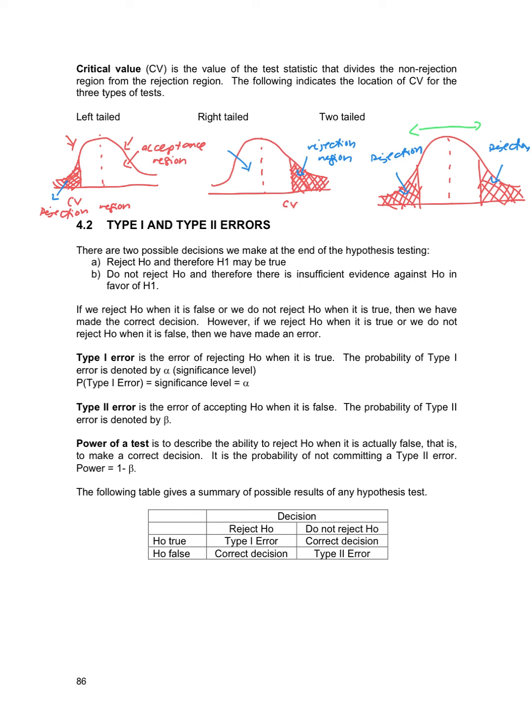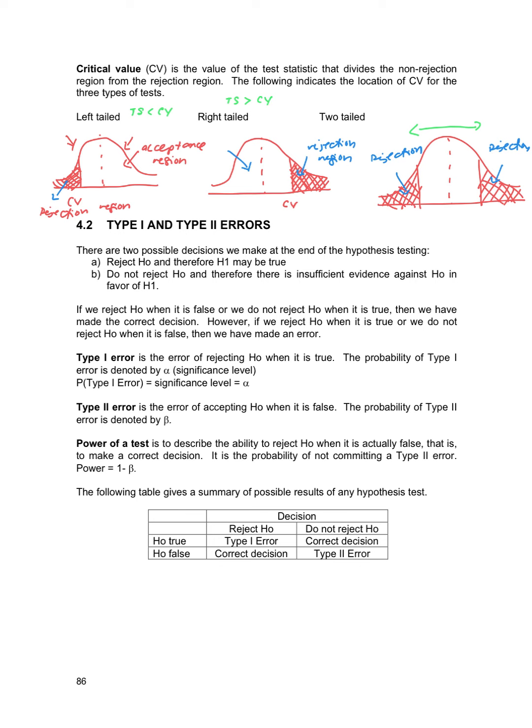So cara dia, kita akan compare value test statistik dengan critical value lah. Okay, untuk yang left tail tu kita akan reject kalau our test statistik less than critical value. Okay, untuk right tail kita akan reject the null hypothesis, okay, if the test statistik greater than the critical value.